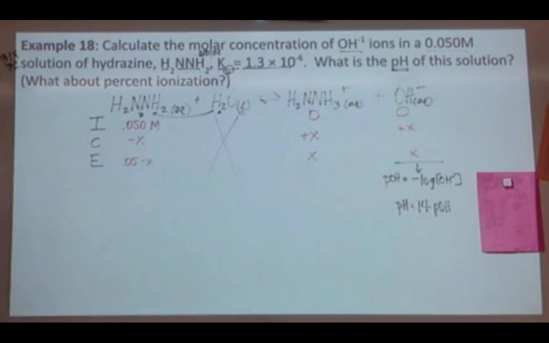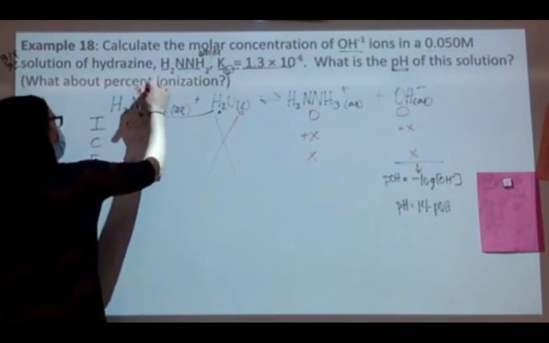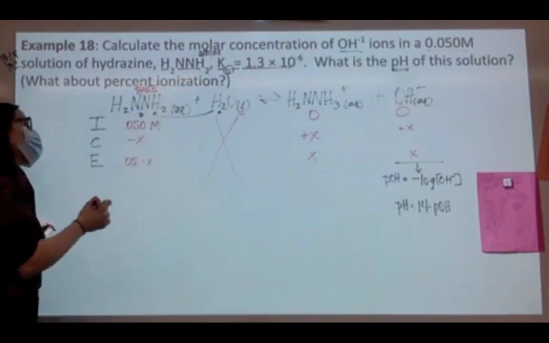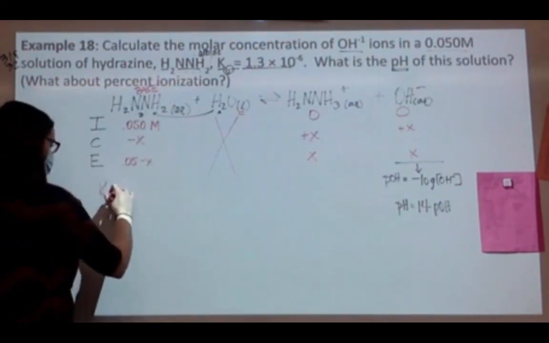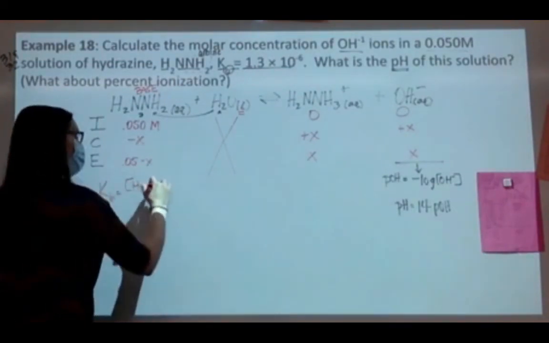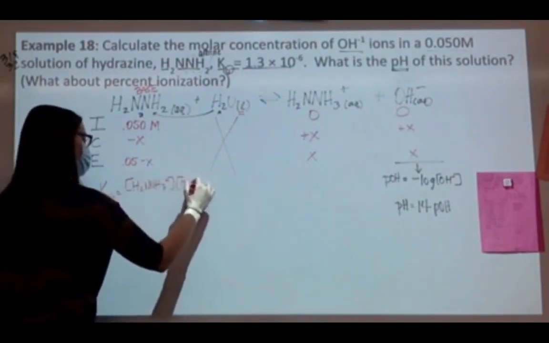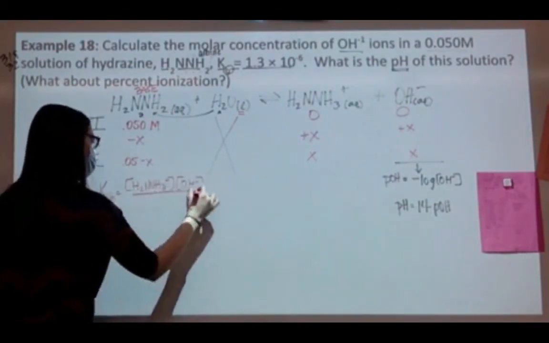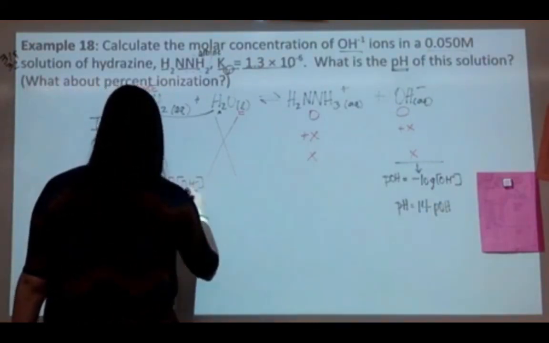Now, because this is a base, we're using the Kb expression. And so that is our conjugate acid, H2N NH3 plus, times OH minus, over H2N NH2.